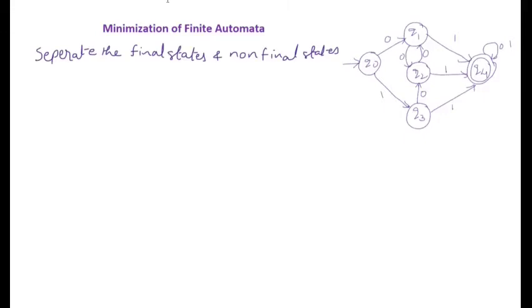Q0, Q1, Q2, Q3 are the non-final states and Q4 is the final state. We will call this group A and this B. This is step 1, so it is 0 equivalence. We can represent it as pi of 0 with the groups A and B.